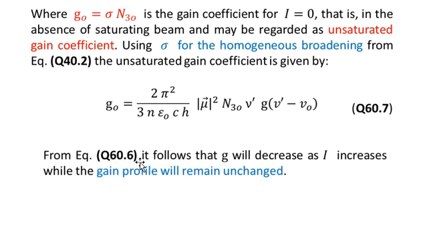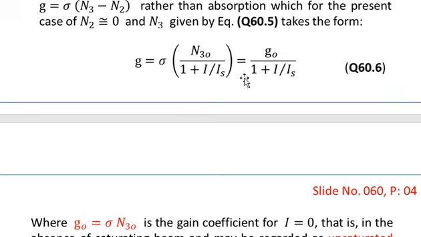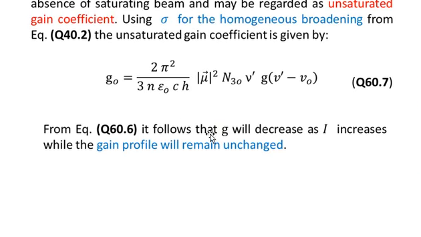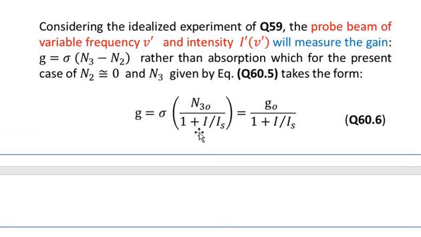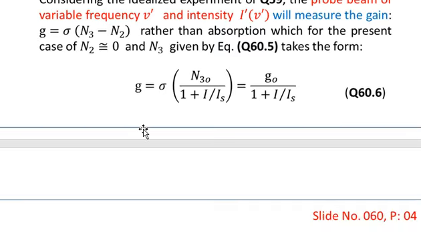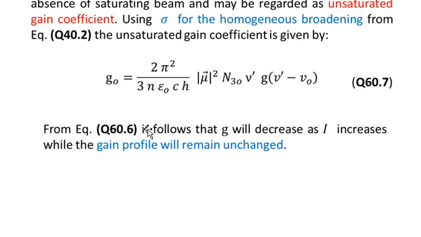From equation number 60.6, it follows that G will decrease as I increases, as is obvious over here. That is, when the intensity of the saturating beam increases, the gain coefficient will decrease, while the gain profile will remain unchanged.